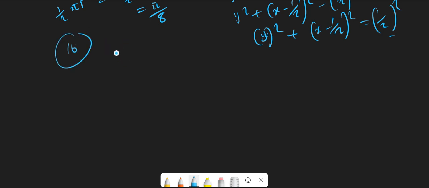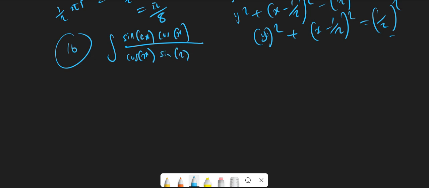So we have to deal with the integral of sine of 4x multiplied by cosine of x, all divided by cosine of 2x times sine of x. Now, sine of 4x is 2 sine of 2x cosine of 2x, and then you also have cosine of x.